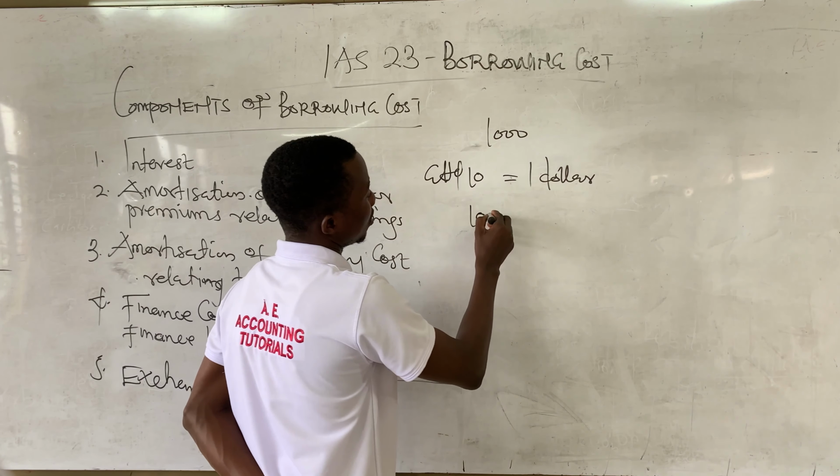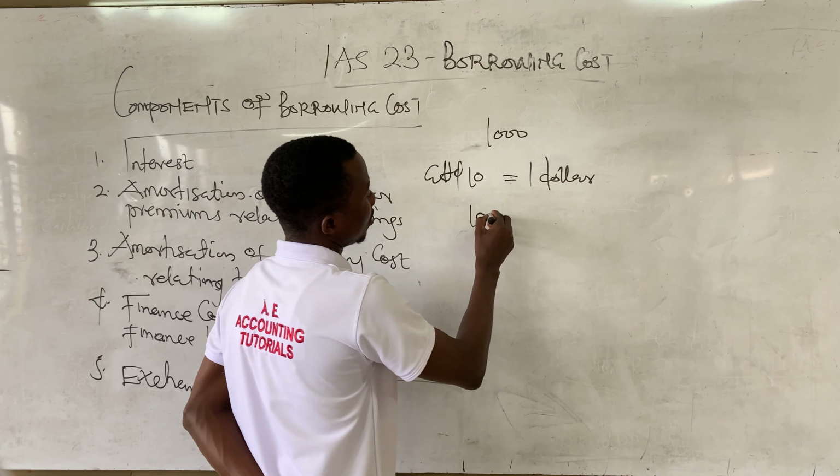But sometimes this is not the case. Sometimes before the payment of the loan is due, there will be differences in the exchange rate. Is that okay? And these differences could be, for instance, a change from 10 cedis to 12 cedis in every $1, meaning that the business owner in Ghana will pay 12,000 Ghana cedis in return.